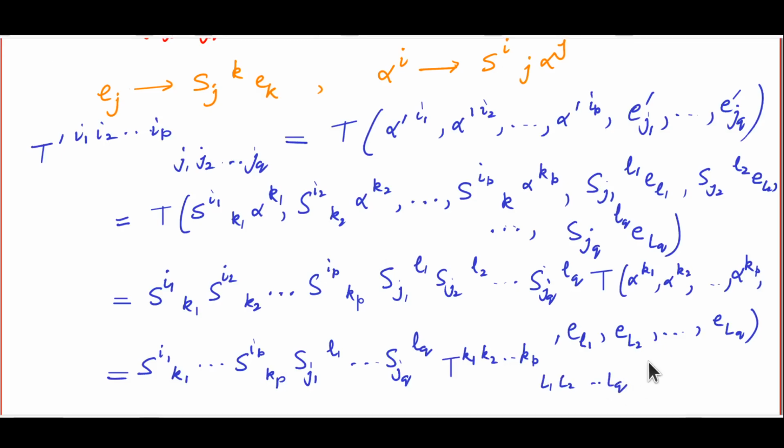This is the familiar transformation rule for P, Q tensors. We had derived this, or at least we had justified this, by looking at the way in which an outer product of P vectors and Q covectors transform. That's what we did in the last class. Here, what we have shown is that once we understand that a tensor is nothing but a multilinear map, this transformation law follows as a simple consequence.